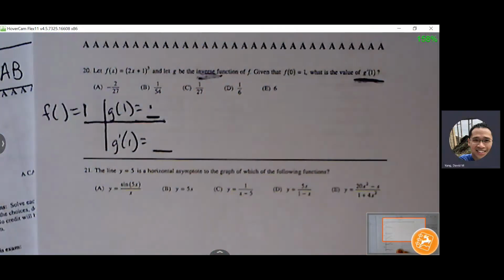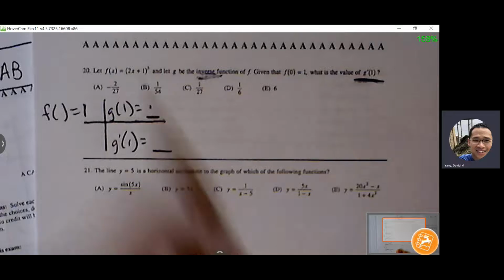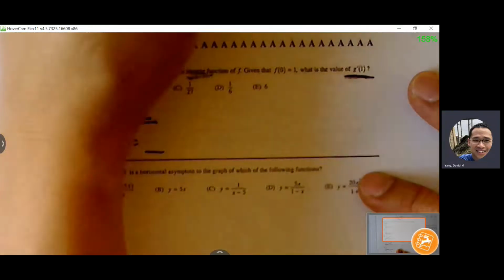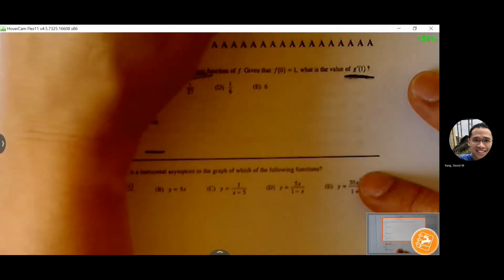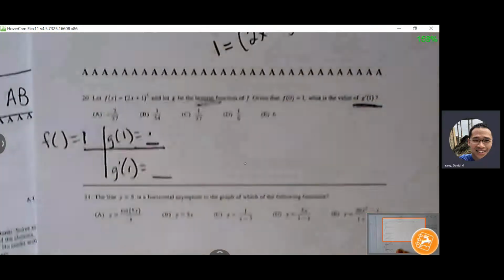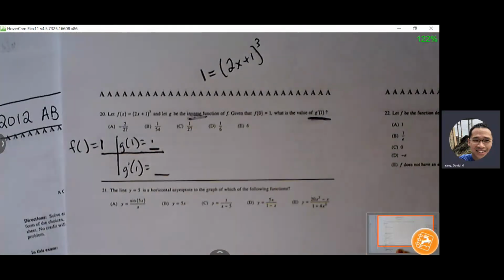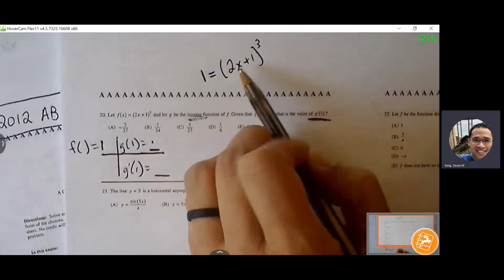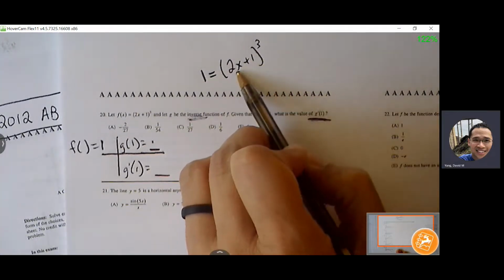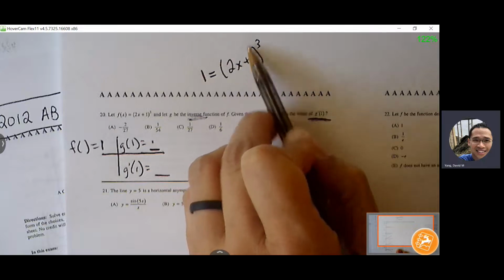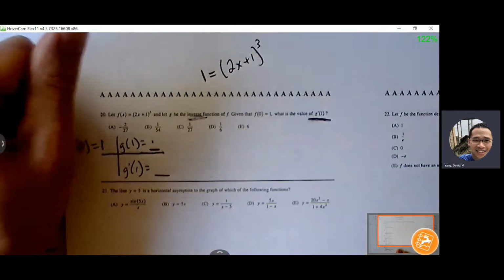I know 1 is the y value of my f function, so I can try to figure out what that x value is. So I can solve this out here. Actually, I can test this out, right? If I plug in 0 for x, 0 plus 1 is 1, 1 cubed is 1, so x equals 0.